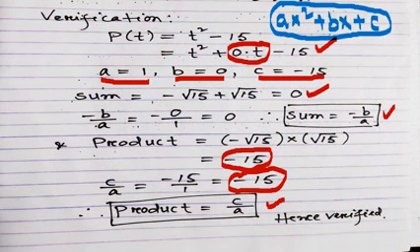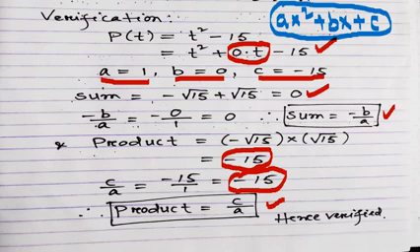Now let us verify the relationship between the zeros and the coefficients of the polynomial t square minus 15. If we write this in the general form, then we will put it in the form of t square plus 0 into t minus 15. So here let us compare with the general form. What is the answer of a?